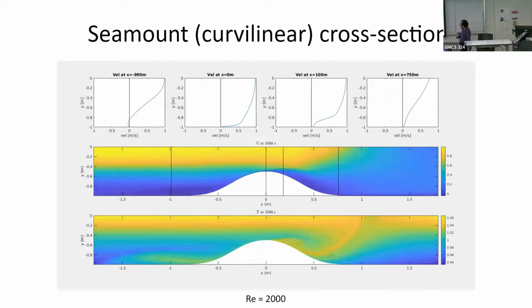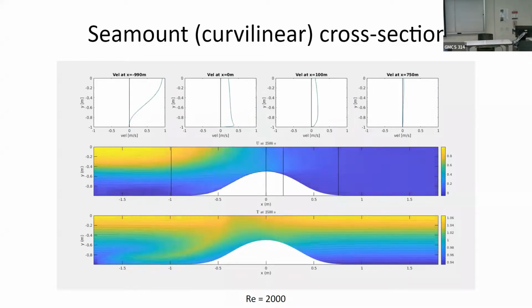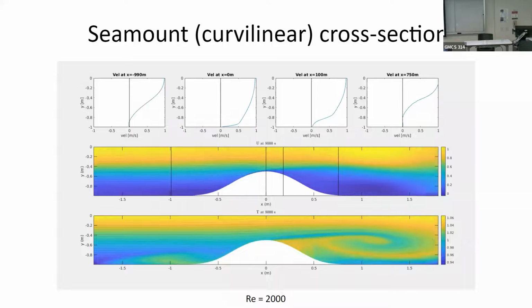Okay, the second one is the Seamount. In this case, this is a cross section, but it's in 3D, and it gets the physics.